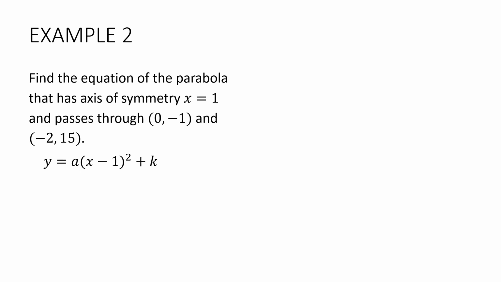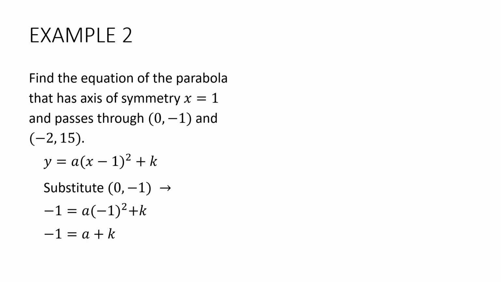And now just like before, I'm going to substitute both of these points in and form simultaneous equations in two unknowns. So substituting in 0, negative 1, I end up with negative 1 equals a, 0 take away 1 is negative 1 all squared plus k. Tidying it up, I get a plus k is equal to negative 1. There's my first equation.